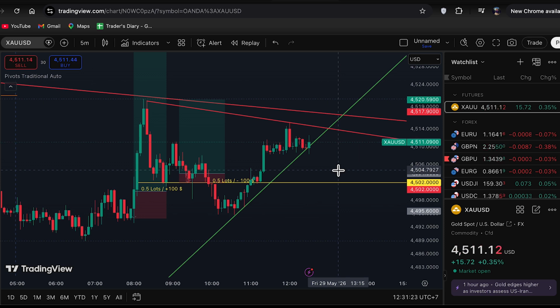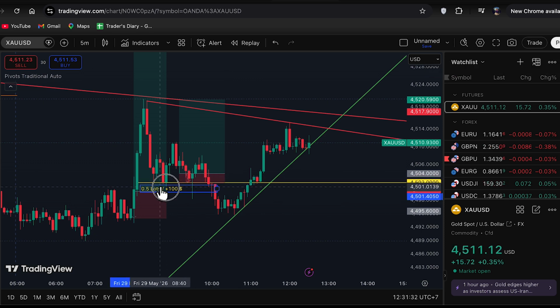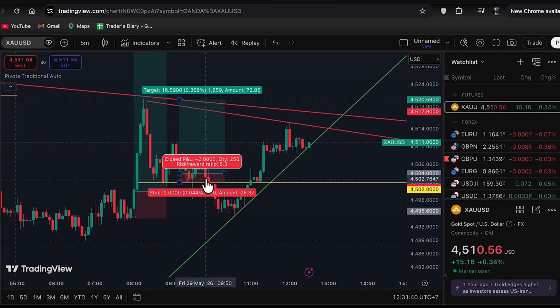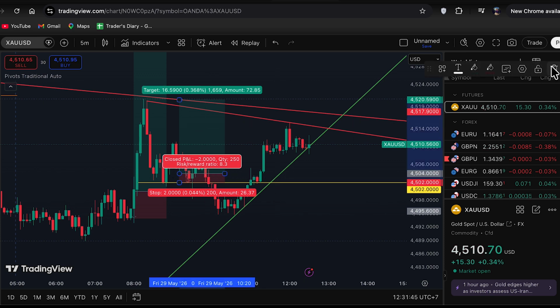Trend line strategy. So I got a little bit of profit here this morning, and then a little bit of loss here, so not a big deal.